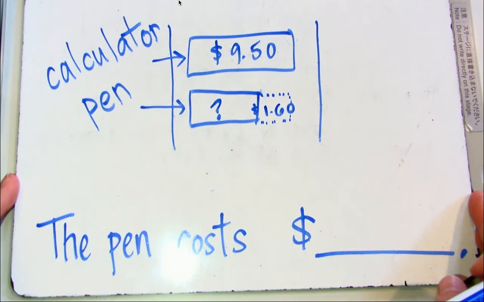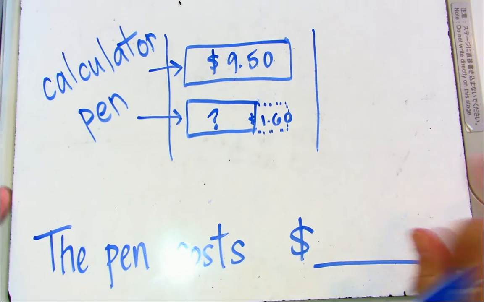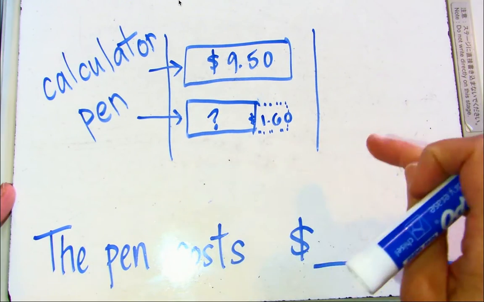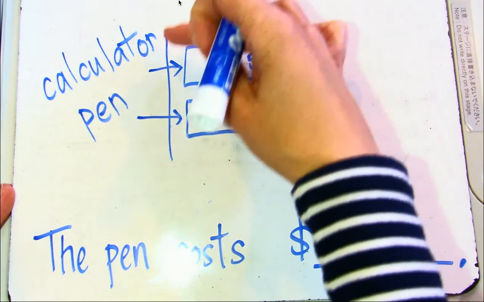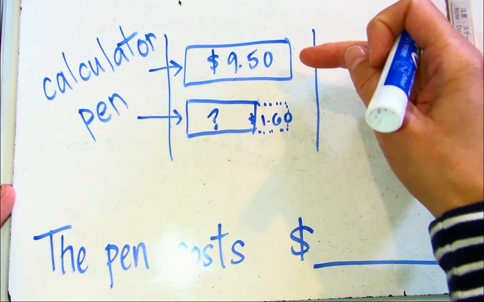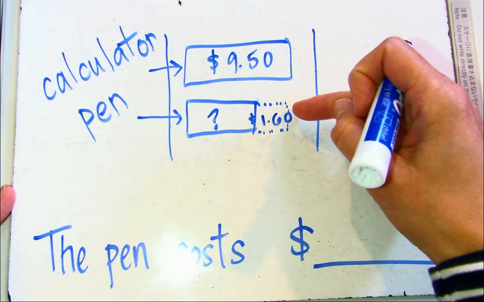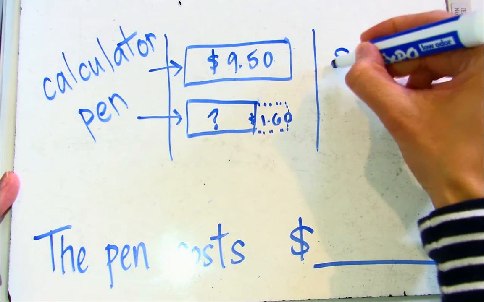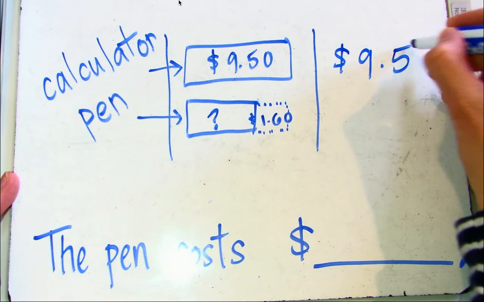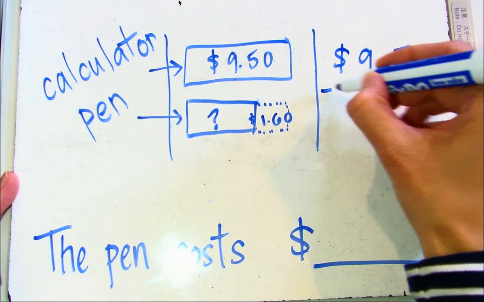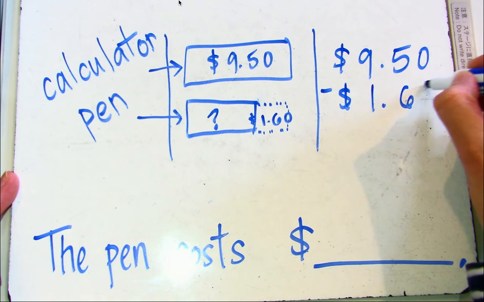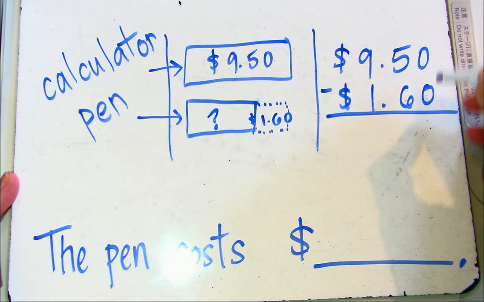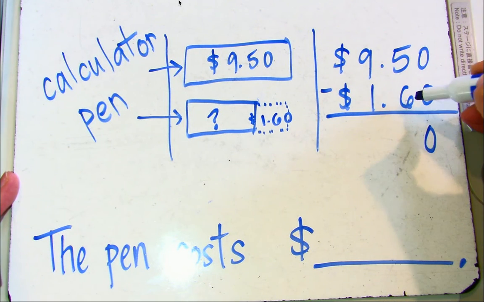So in order to find out the cost of the pen, we are going to subtract. It's kind of like thinking about our calculator is the whole number. One of the parts is how much cheaper the pen is, and the other part is how much the pen costs. So over here to the right, we're going to work our computation. 950 minus 160. 0 minus 0 is 0. 5 minus 6, oh, we can't do it.